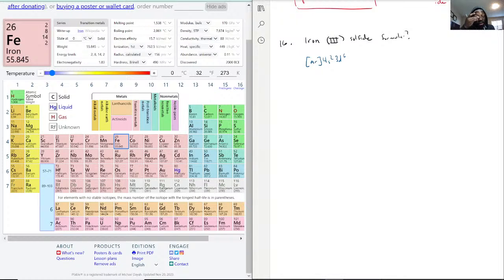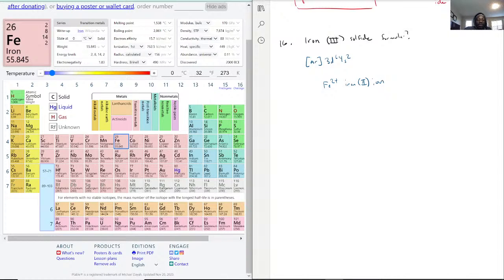If you rearrange this, it'd be 3d6 4s2. The reason why it's tricky is that it can literally just drop its outer shell, the fourth row, to become Fe2+, and that is known as the iron 2 ion.